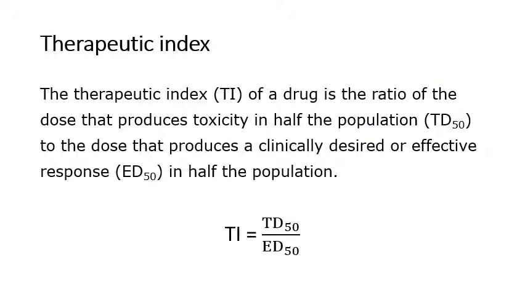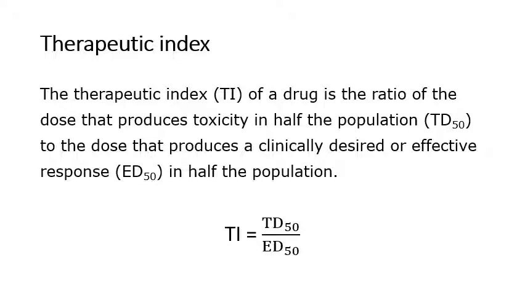Okay. So we do have another pharmacological parameter, which is the therapeutic index. The therapeutic index of a drug is the ratio of the dose that produces toxicity in half of the population, which is TD50, to the dose that produces a clinically desired or effective response in 50% of the population, or the ED50.